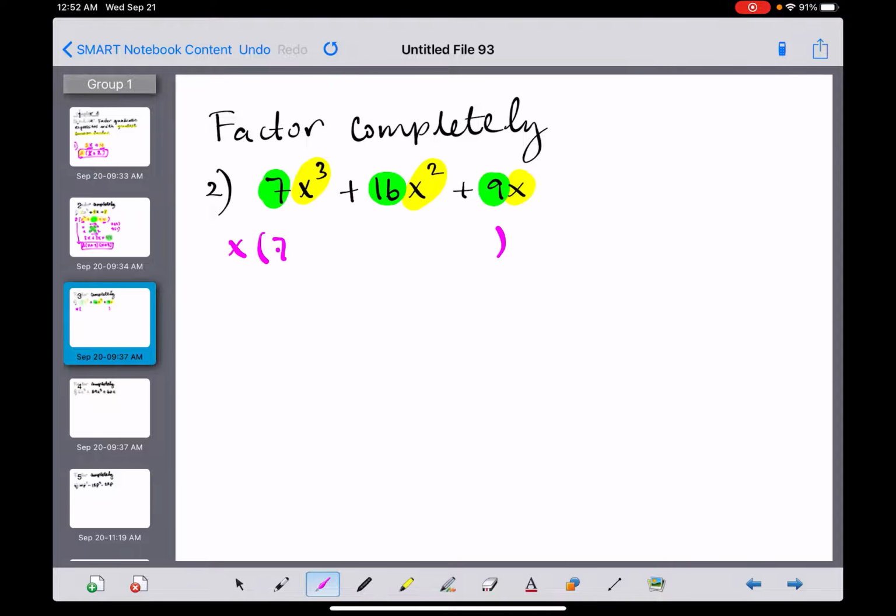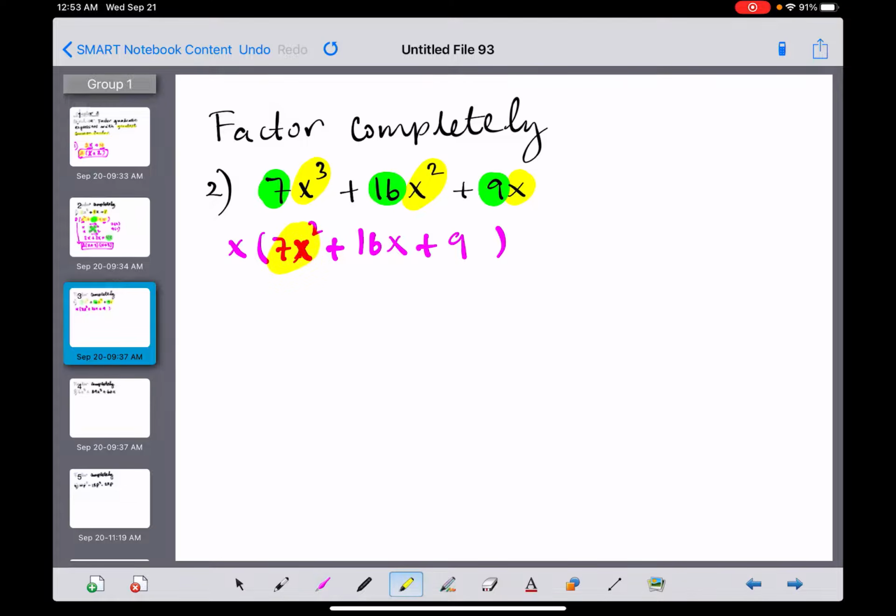Then in here we should have 7x squared, because x times x squared is x to the third, plus 16x. X times 16x is 16x squared, plus 9. Okay, so for these problems, it didn't make any difference because the number still stays the same, but we factor out the extra x aside.